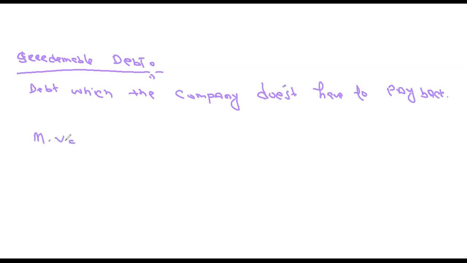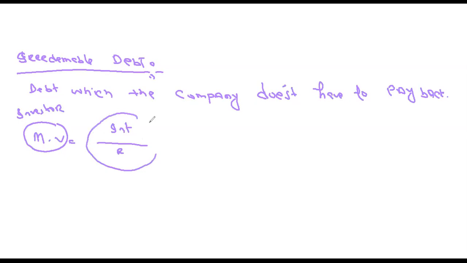I already said the market value will be the present value of future cash inflows. For which perspective will we calculate? The investor. What will be the inflows for the investor? Interest payments which the company will pay. So interest divided by R. By this, we take the present value of the future cash inflows. That is market value.